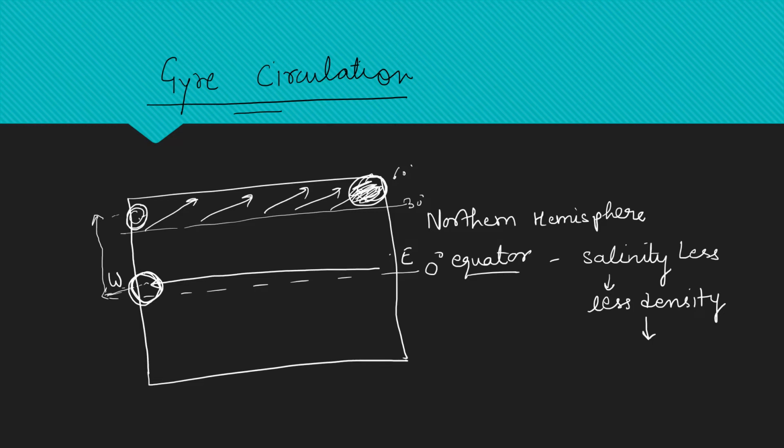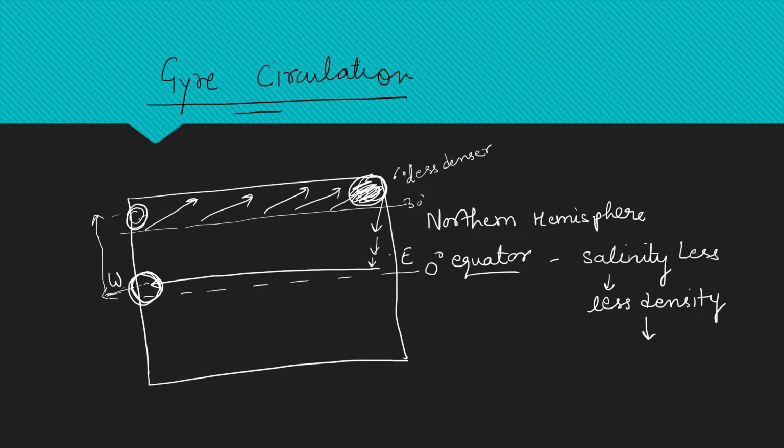These westerlies will take all the water to those regions. And from here, as it becomes less dense, it will rise. And it will come down here. This is known as Gyre circulation.